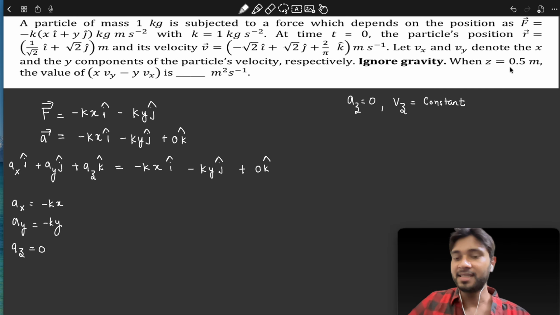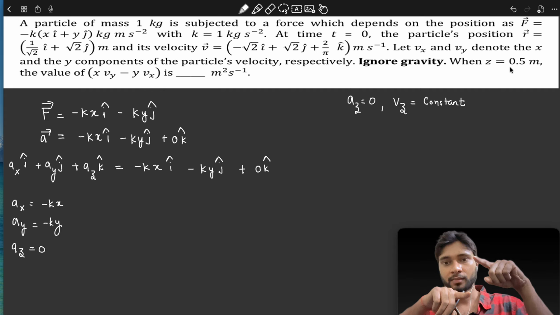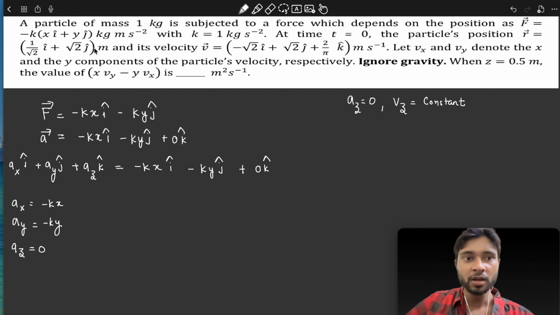It means in the z direction the particle is moving with constant velocity and has traveled some distance. How much distance? 0.5, because at t equal to 0 the z coordinate was 0, so from 0 it reached 0.5. So the distance traveled is 0.5 with some constant velocity.